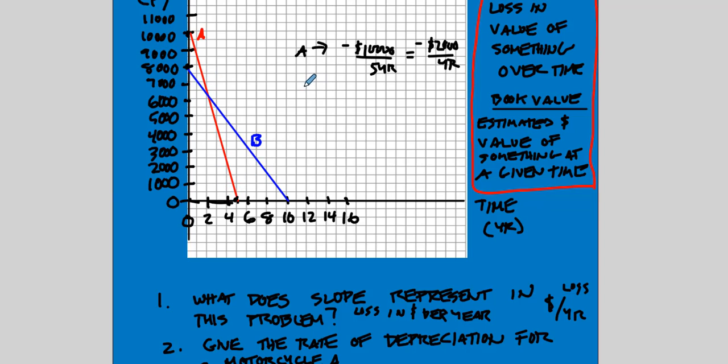Now B, we can just take the easiest 2 points on the graph. It drops $8,000 in 10 years, so that's negative 8,000 over 10 years. Well, that's going to be negative $800 per year.